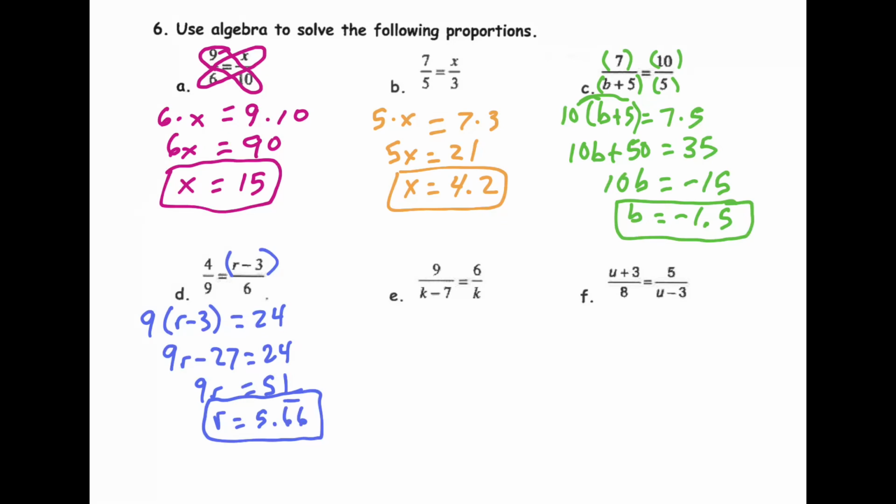All right, question E, once again a little bit trickier. But if we follow our steps, we'll be okay. So we have 6 times k minus 7 is going to equal 9 times k.